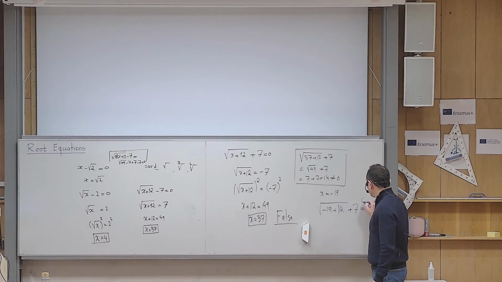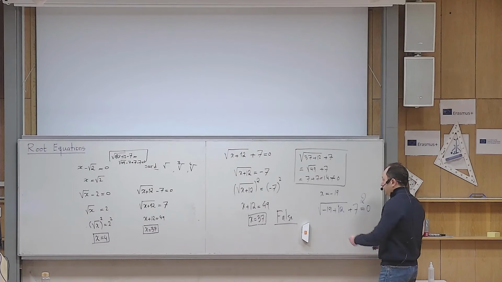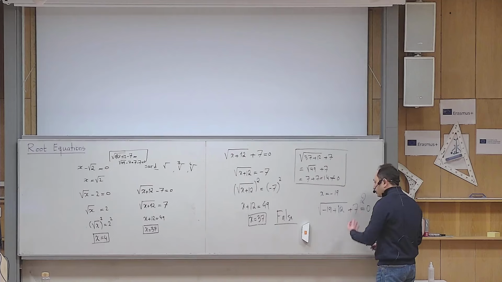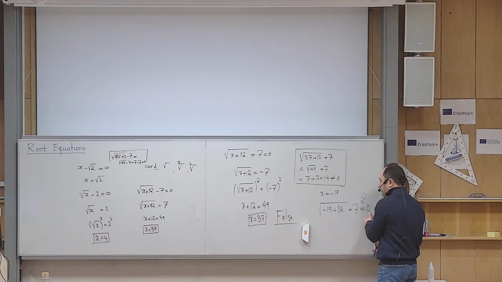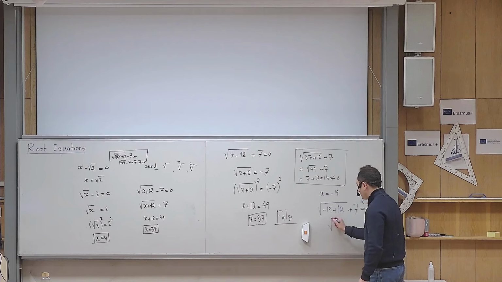Then this means that this is 0. If you say minus 19 is a root, it means that when I replace x with minus 19, the left-hand side, after being calculated, becomes 0. But that is not true. Why? Because if I add this to this one, it becomes a square root of minus 7 plus 7.